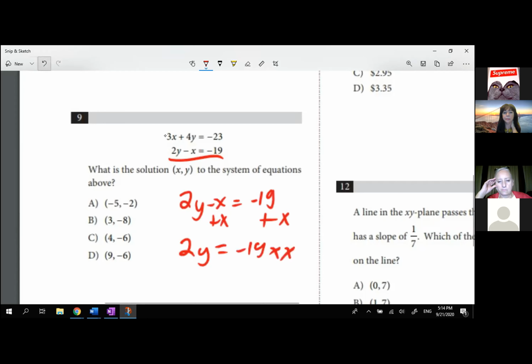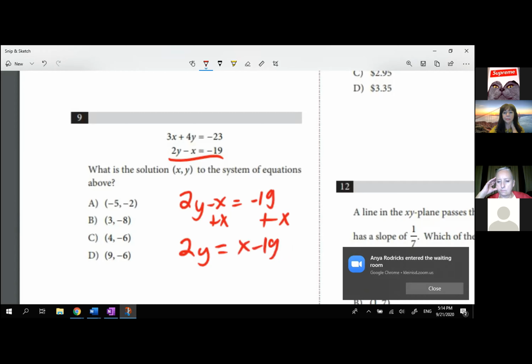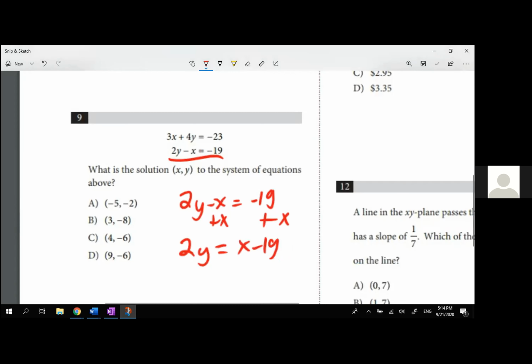Oh, sorry, that's not a plus sign, that's an x. Plus x. Or we can get the exact same thing, just written in a different manner: x minus 19. So at this point we've got x minus 19 equals 2y.